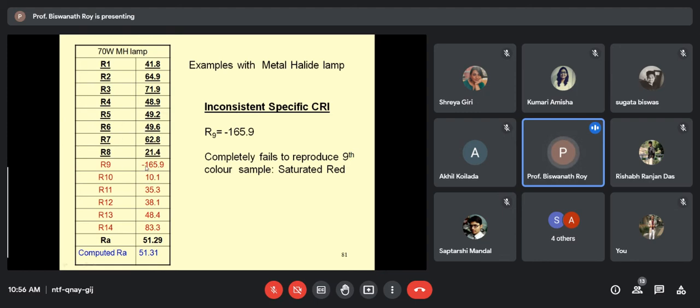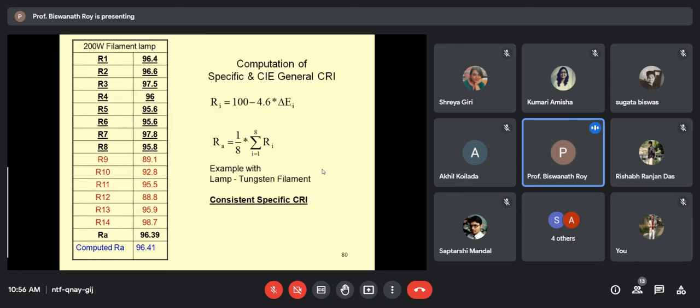Because this is a gas discharge lamp, it never emits radiation in almost all wavelengths of the visible radiation. And most strikingly, the specific color rendering index for the 9th sample is negative. R9 is minus 165.9. That is, it completely fails to reproduce the 9th color sample, that is saturated red.